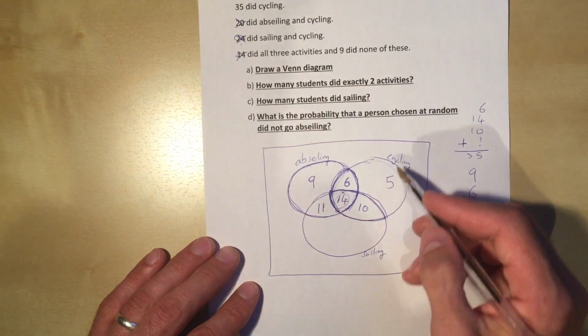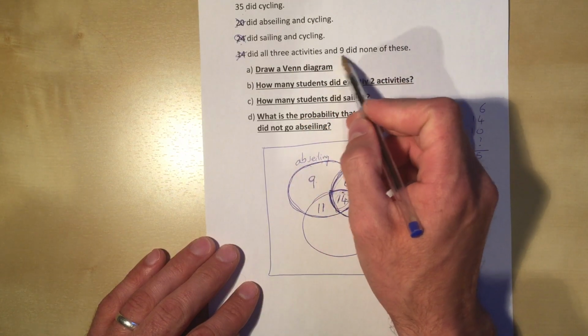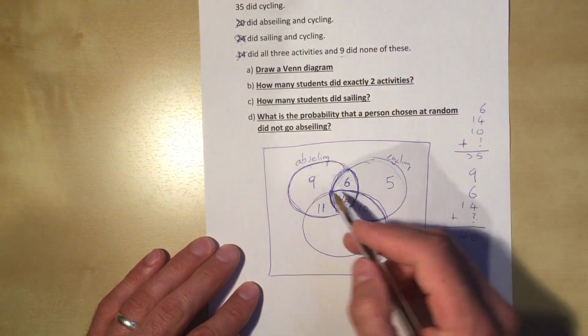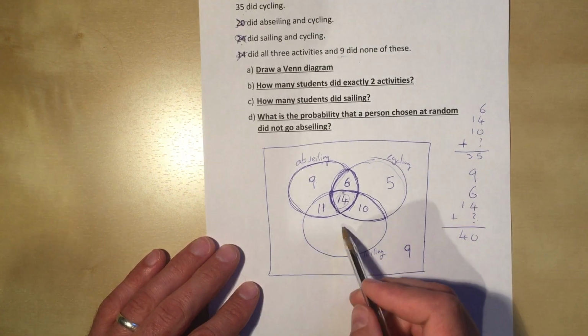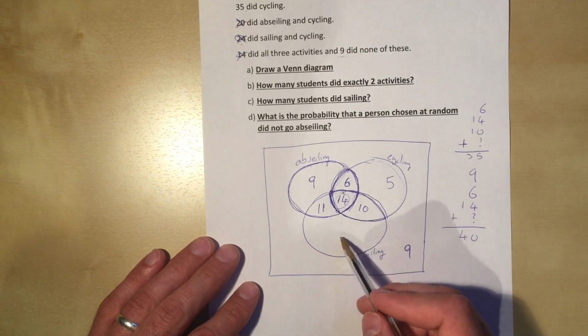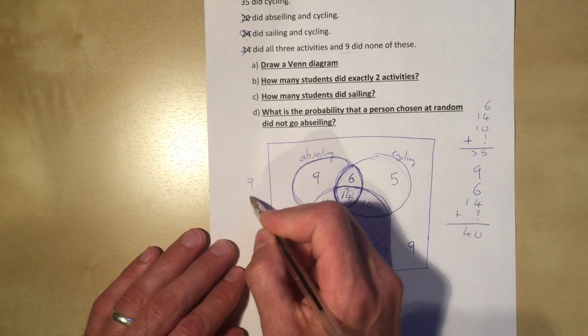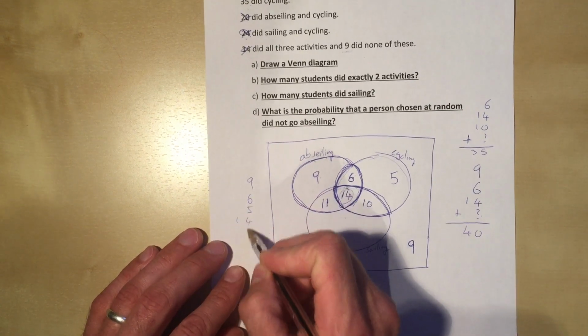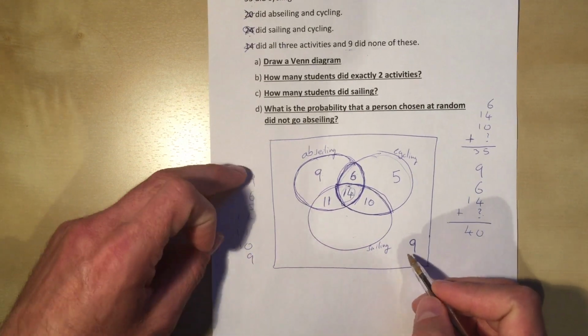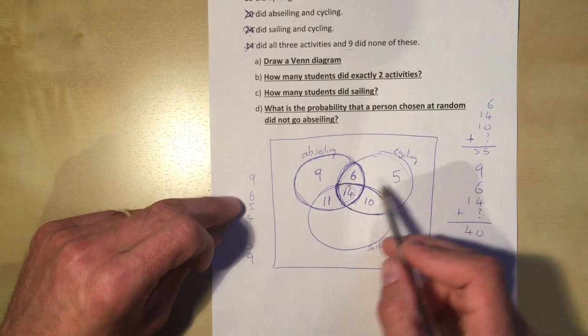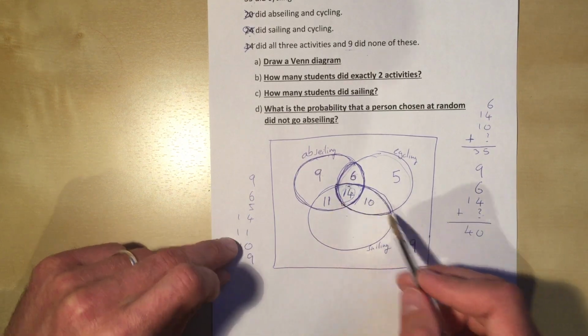It tells us here 9 students did none of these activities, not abseiling, not cycling, nor sailing, so that gives us a 9 outside the circle. So we can finally fill in this part by adding up all these numbers, 9 plus 6 plus 5 plus 14, 11, 10 and 9.